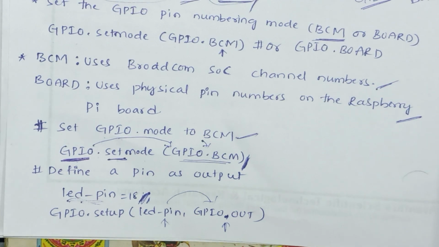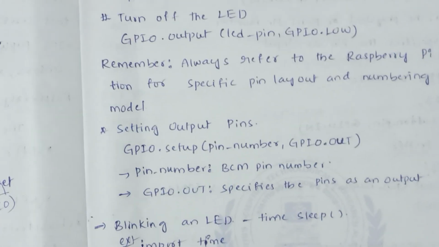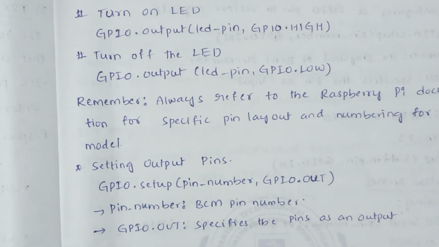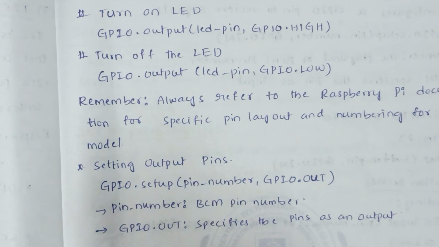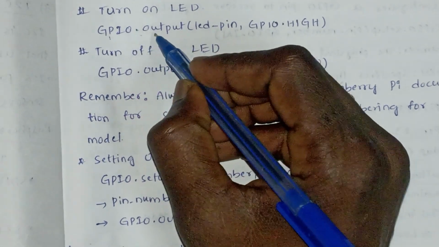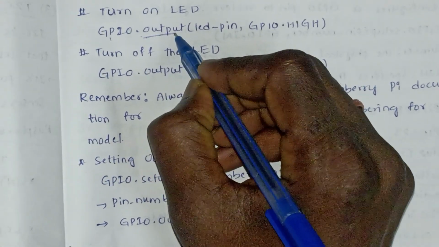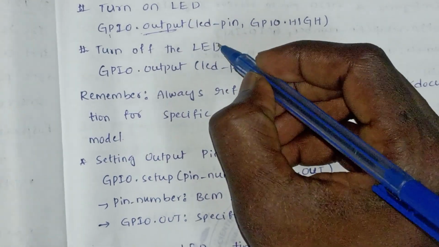Okay, next, see here, turn on LED. First, how can we turn it on? GPIO.output. Just before we saw the setup, right? Setup is for setting the LED pin to GPIO.OUT.